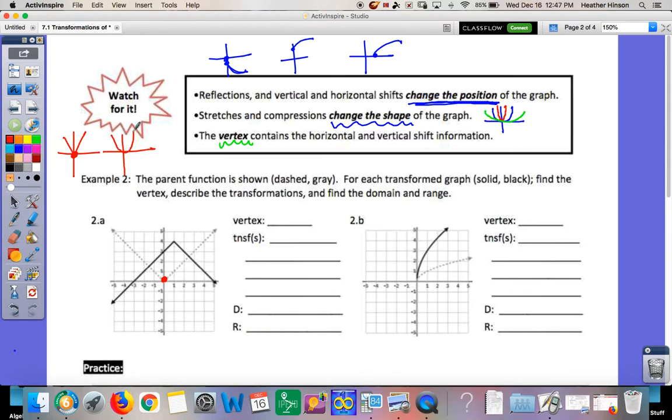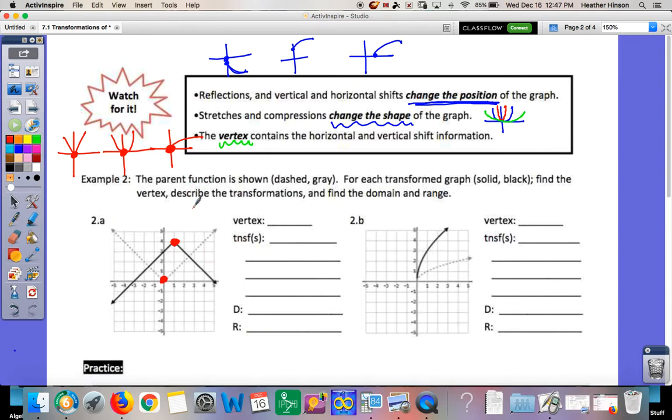For a parabola, it would be that same point. For a square root, it's going to be that point where it starts, and it usually starts at 0, 0. Those are your vertexes. So our vertex here, the dotted line, is the original parent function. We want to know the new function, the black line.